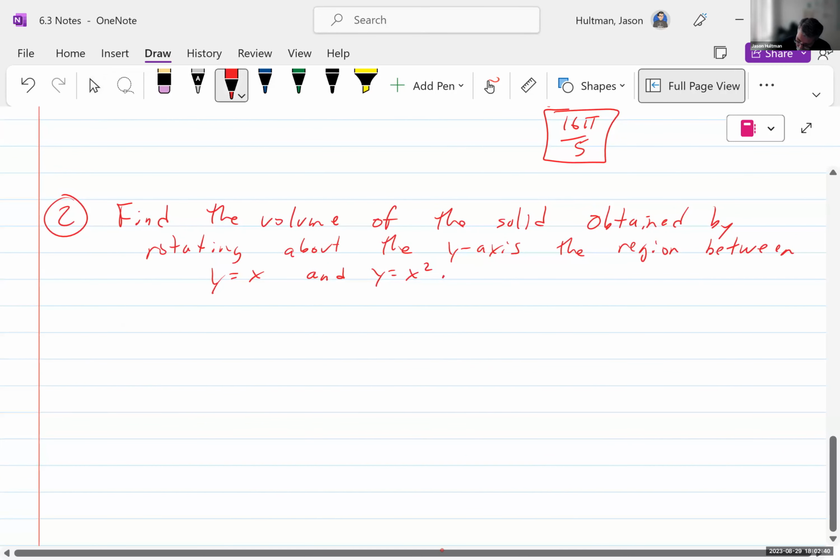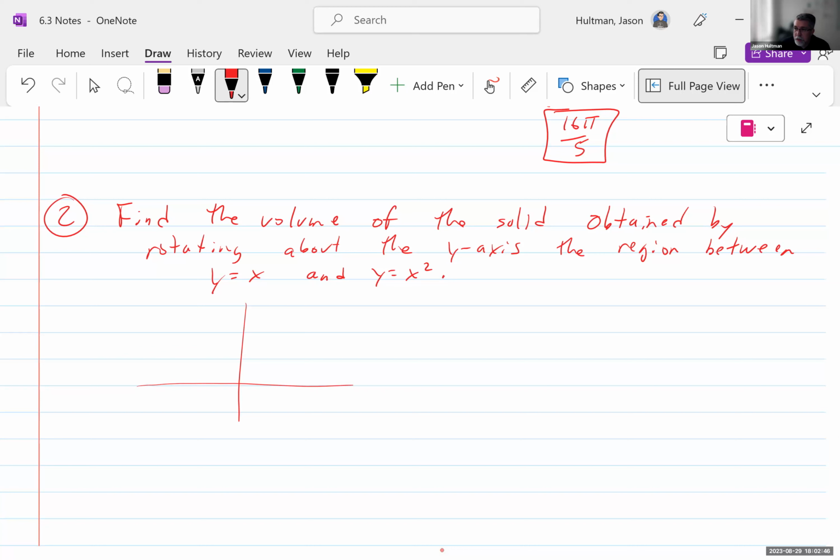So we've actually seen this problem before. We worked on this problem last time, but we used the disk method. Now let's use cylindrical shells. So if y equals x squared, draw a better x squared, and then we have y equals x.